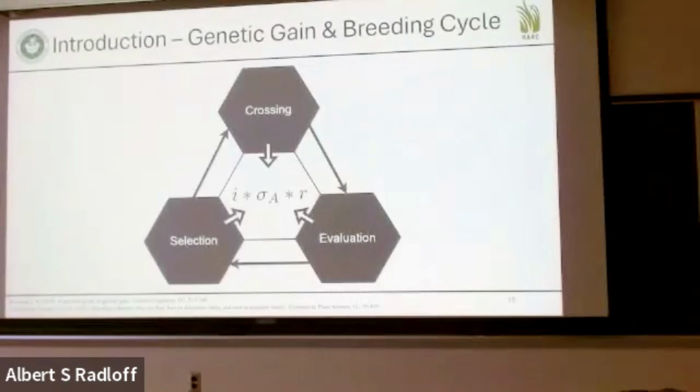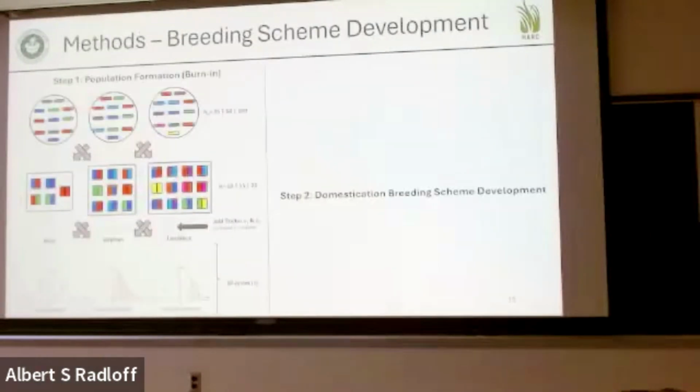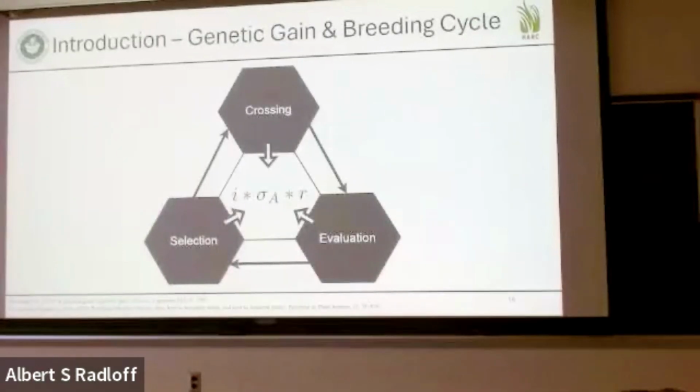And so genetic gain can be improved through different specific focus in these different parameters within the breeding cycle. So selection intensity can be increased by increasing the number of selection candidates that we have while holding those selected constant. Oh, apologies. We can increase the additive genetic variation by using things such as mate allocation.